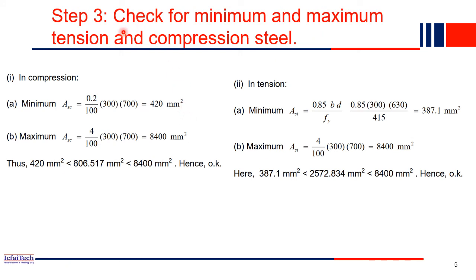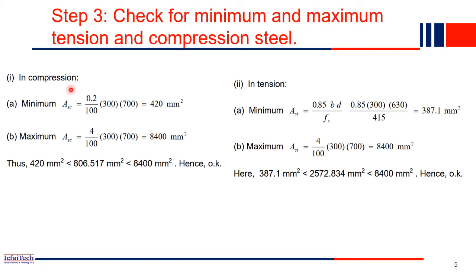Now step 3 is to check for the minimum and maximum tension steel and compression steel. As we discussed in the last lecture, our code has specified the minimum and maximum tension and compression steel. In no case should we provide more reinforcement than specified in the IS code.